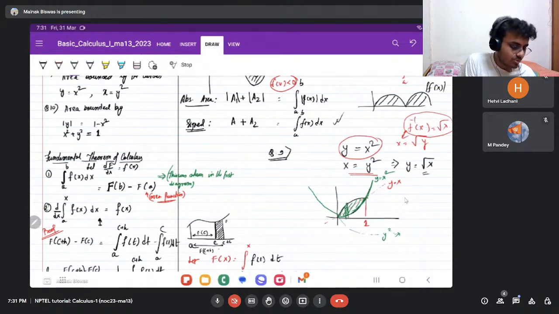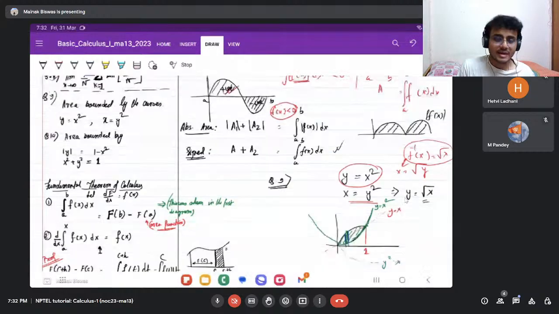You can either find both areas and subtract, or write it as a single integral. Sometimes writing it as a single integral may help. That's why I'm trying to help you out with that, right? There are a few ways you can do it. Do you want me to show all the ways? Let's do it, right? And I'll show you 3 ways, and I think it will be useful.